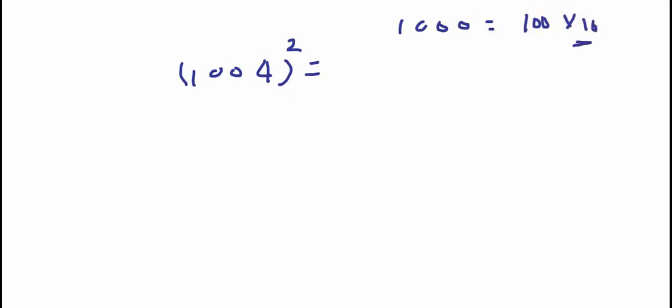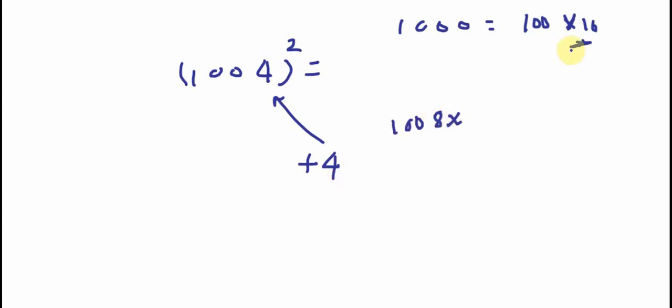So the factor is 10 here. When you compare 1004 with 1000, you see that it is greater than 1000 by 4. So just add 4 to this number and you have 1008.